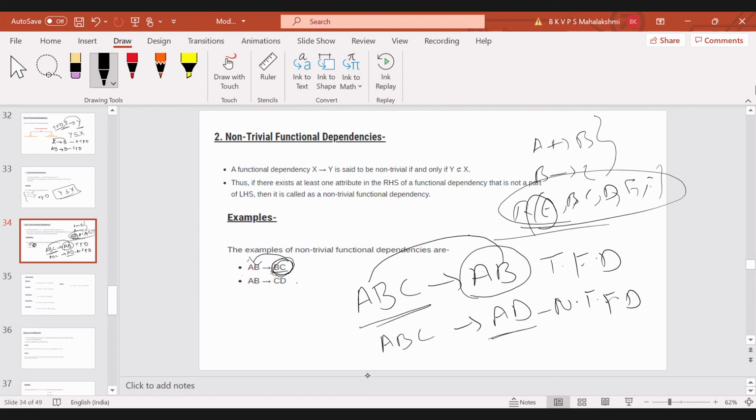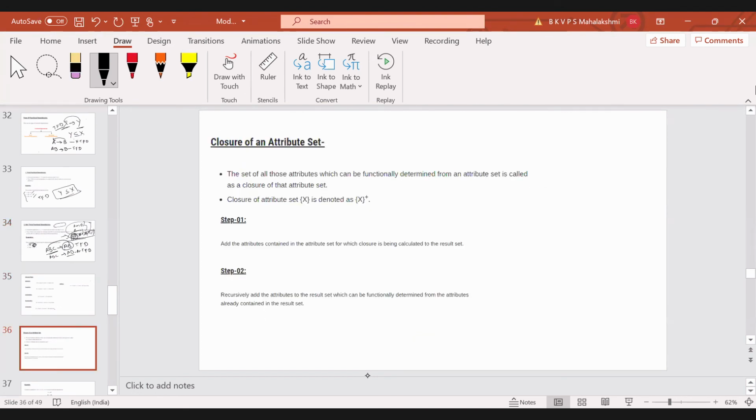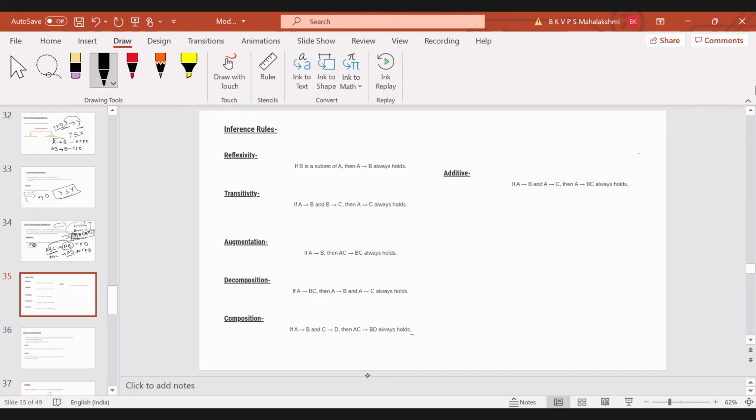Even if they give the relation and mention some of the functional dependencies, if we go through the concept of attribute closure, then we can definitely say which one is a prime attribute among all the attributes in a relation. That is the concept that we'll discuss tomorrow: closure of an attribute set. It is so easy. I'll tell you about attribute closure in the next class.